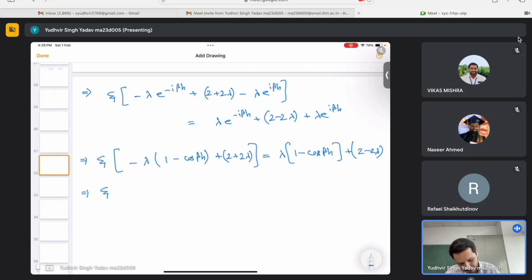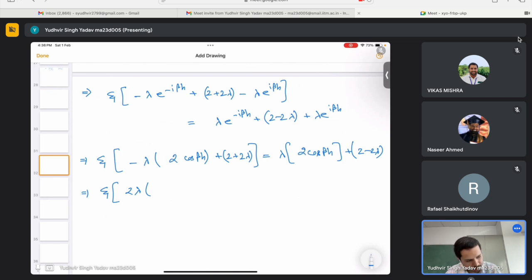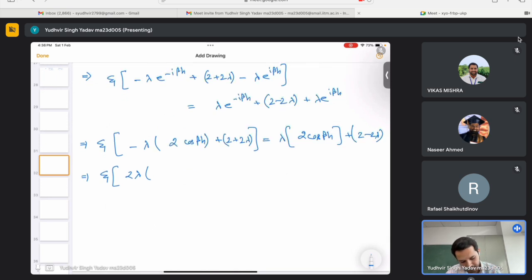So this is nothing but ξ times [2 + 2λ(1 − cos βh)] equals 2 − 2λ(1 − cos βh).